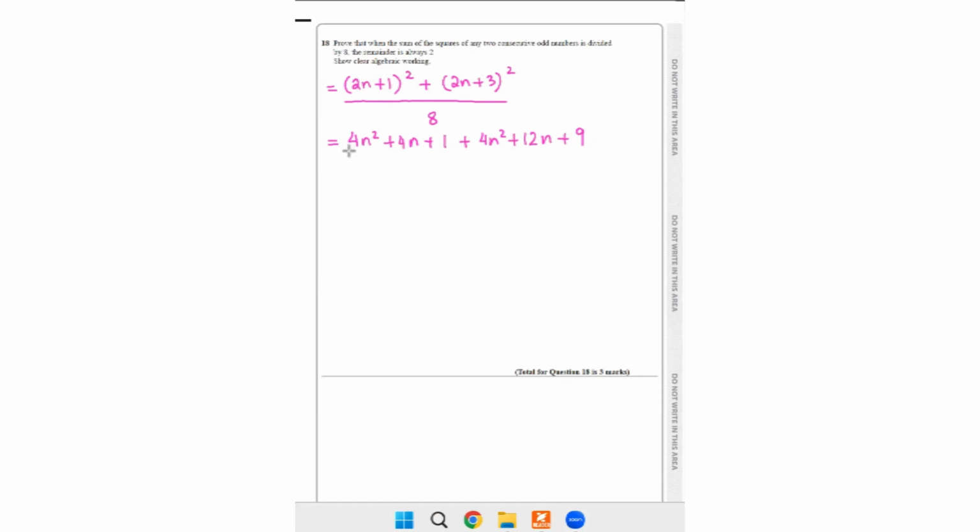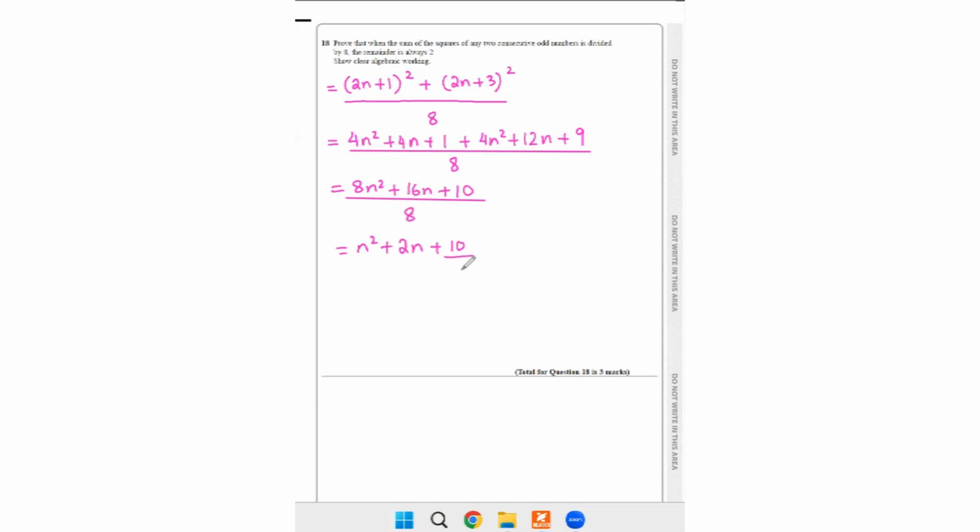And this is divided by 8. So 4n squared plus 4n squared is 8n squared. 4n plus 12n is 16n. And 1 plus 9 is 10. Now if you notice, 8n squared can be divided by 8, which gives us n squared. 16n can be divided by 8, which gives us 2n.